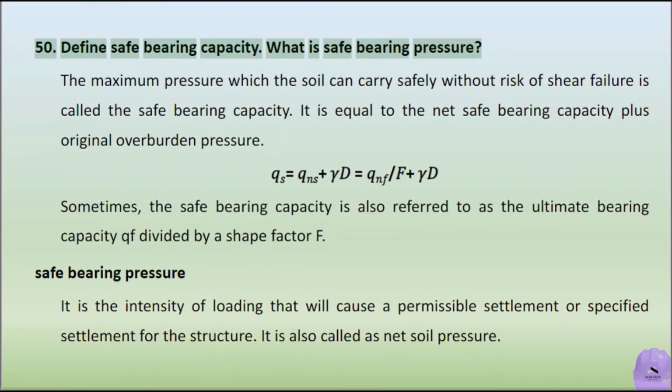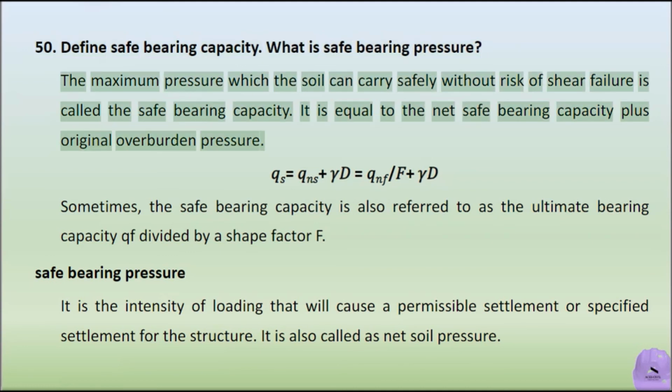Define safe bearing capacity. What is safe bearing pressure? The maximum pressure which the soil can carry safely without risk of shear failure is called the safe bearing capacity. It is equal to the net safe bearing capacity plus original overburden pressure.